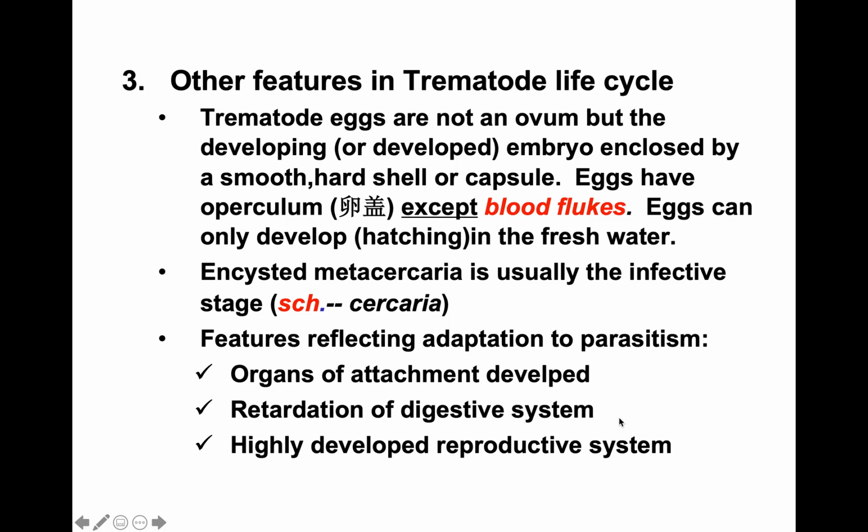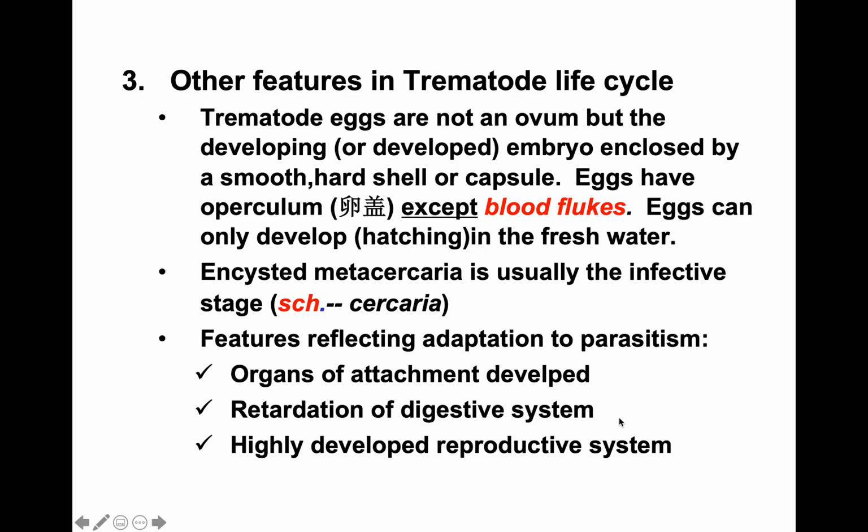Blood flukes have two genders, female and male, and their eggs do not have an operculum, and the eggs only develop in fresh water. And metacercaria is usually the infective stage, and the final form is a cercaria.